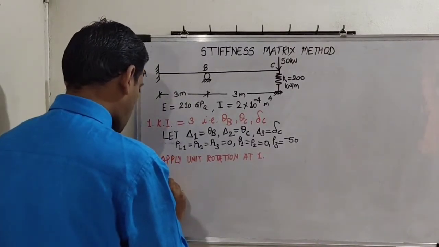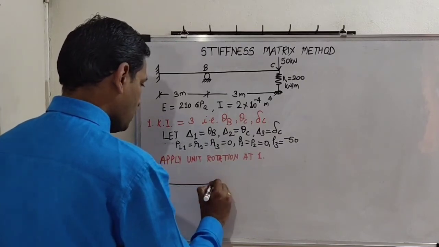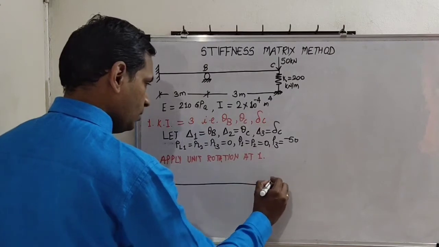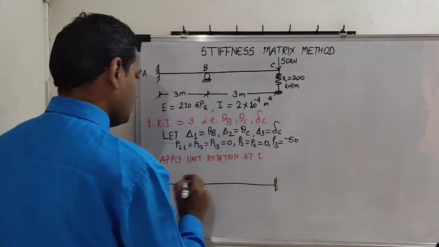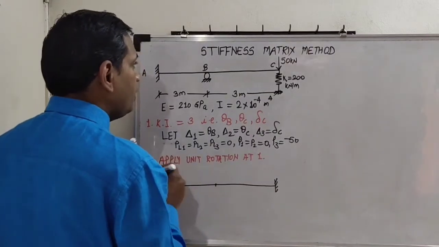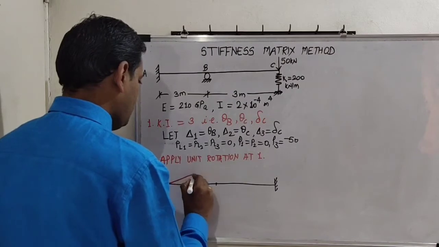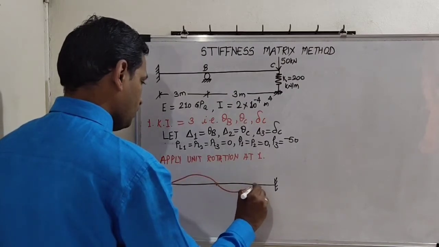So first of all, draw the deformed shape of the beam because of unit rotation of 1. Okay, this is 0. So B joint is here, we are going to rotate it. So this will be the deformed shape.